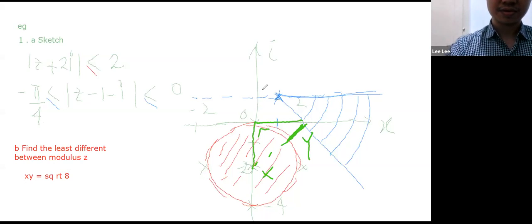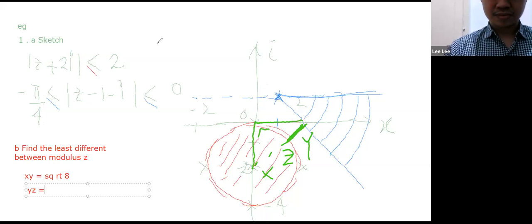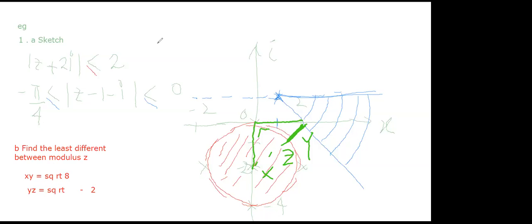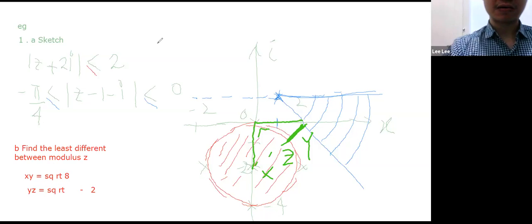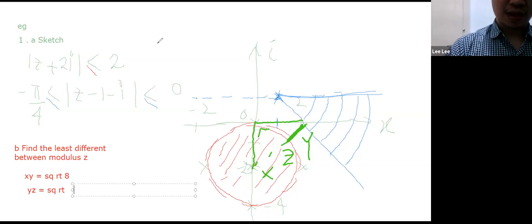So from here to here, I call this yz. What is the length of yz? Square root 8 minus the radius. How much was the radius just now? 2. So square root 8 minus 2. Any questions?